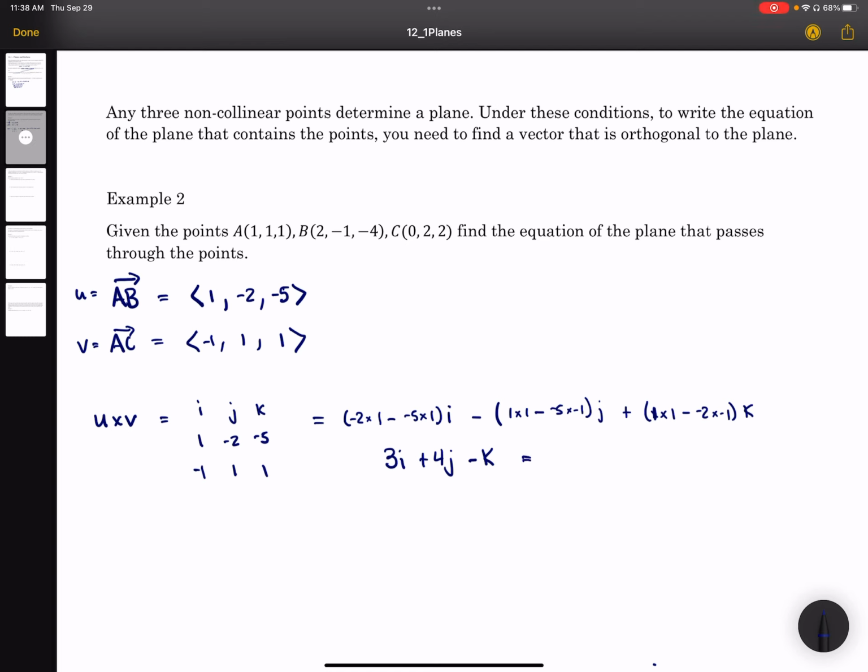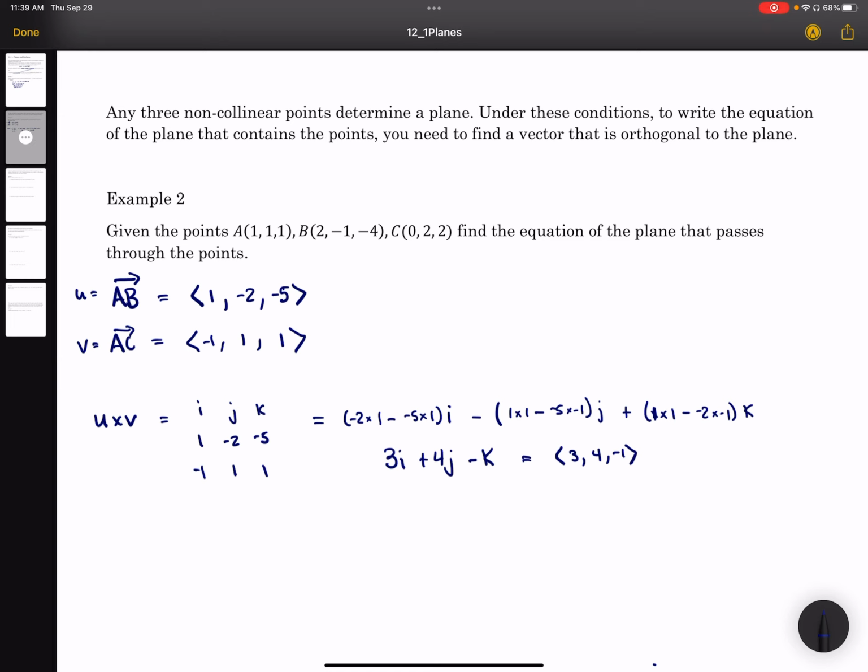As components, that's just 3, 4, negative 1. So now we have our normal vector. We know it's orthogonal to AB and AC. And so now we just pick one of the points and do our formula.